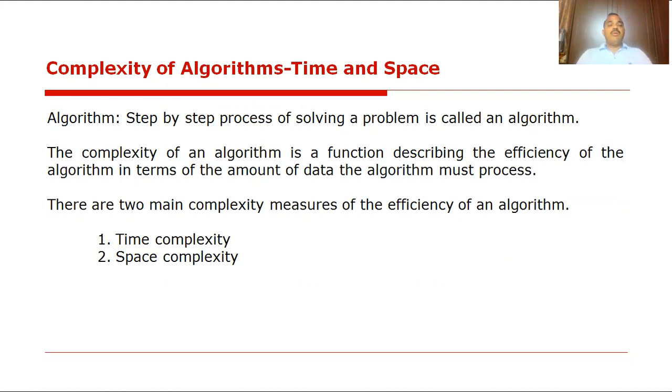What are the good qualities of an algorithm? The first one is that input and output should be defined precisely and clearly. Simply, what we want, and what the requirements of the algorithm are, should be clear.